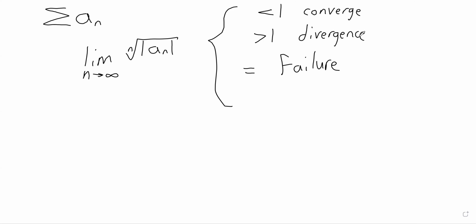And it might seem at first blush that this is actually nicer than the ratio test because you don't have any big fractions. The fundamental issue here, and the thing that makes this test so specialized, is that we do not, in general, know how to take the limit as n goes to infinity of the nth root of something.